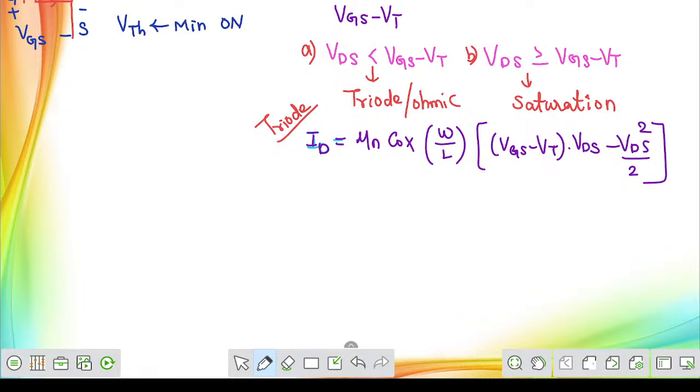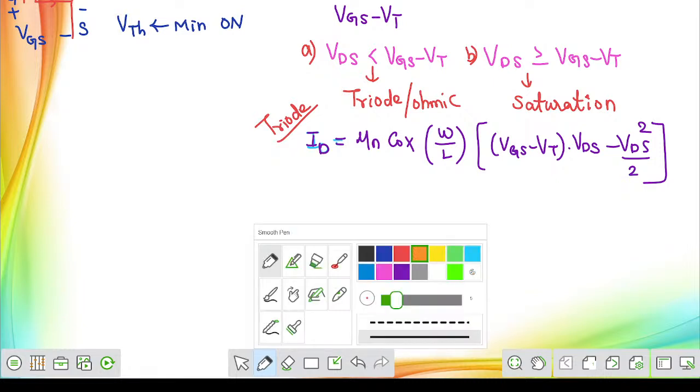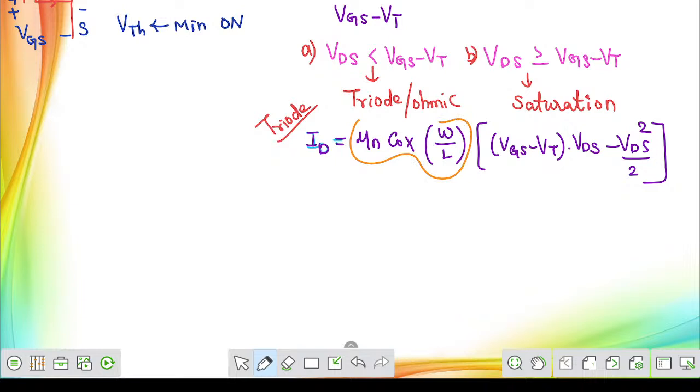And what you must remember is, sir, these factors will be clearly given in the exam. Don't worry about the given permeability, the capacitance of the oxide, and W by L, that is the width to length ratio. Everything will be considered as a constant K. This will be given directly in the examination.